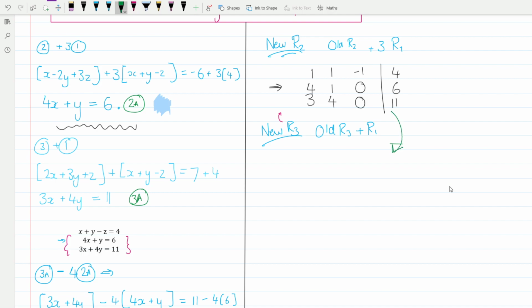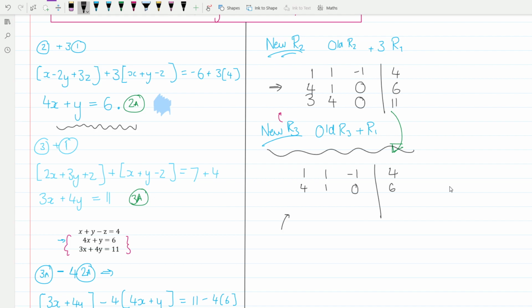So, to get the answers, we're just repeating that process, but we're going to try and eliminate this element here. And it's the exact same calculation as we had just now. So let's just write down that again. 1, 1, minus 1. So this top row is fixed now. So is the second row.